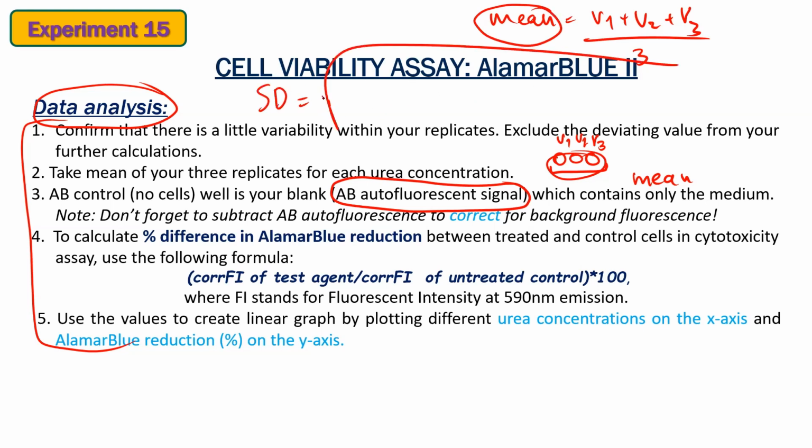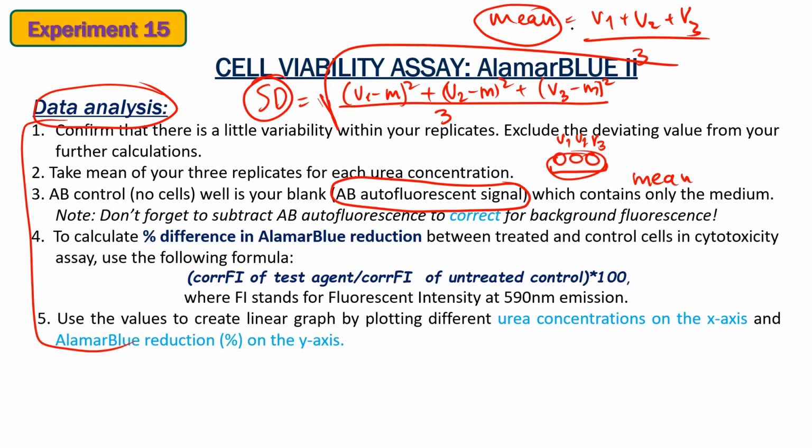Standard deviation is the square root of (value 1 minus mean) squared plus (value 2 minus mean) squared plus (value 3 minus mean) squared. All of this we divide by 3 and take a square root to obtain the standard deviation.